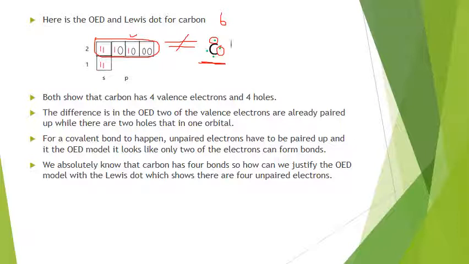We know this is true, we know that carbon has four bonds, but the orbital energy diagram doesn't work. The orbital energy diagram works for the individual atom, but it doesn't seem to work for the way it bonds.